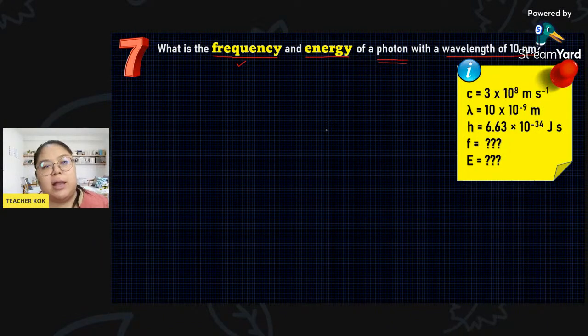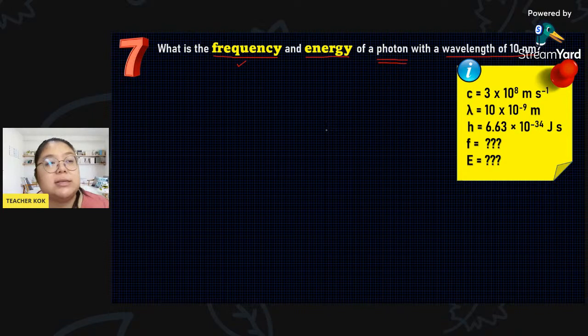Any idea which formula you want to use? Normally for photon energy we use E equals hf. Now the problem is there's no E and also no f. How to find it? We use the original formula, v equals f lambda. A photon is also a wave, so we can use v equals f lambda. But what is v now?